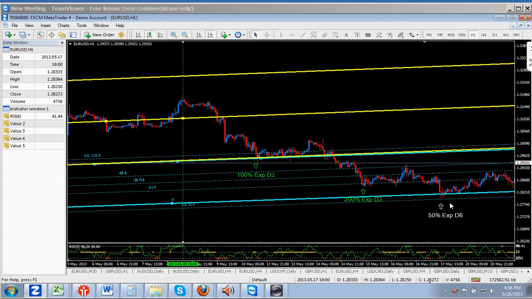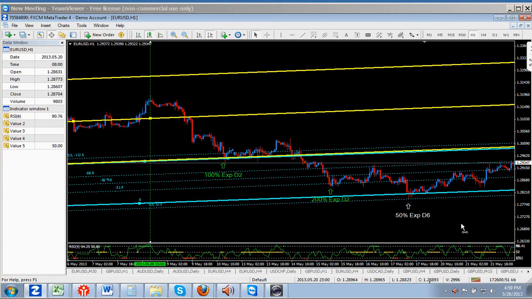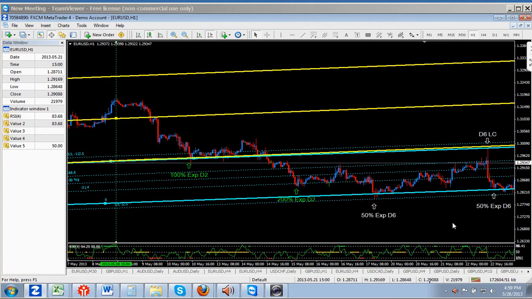Okay. So you have a 50% expansion of deviation 6, which occurred on May 17th. So that's another way to trade a bounce right there. And bounced, look at that.